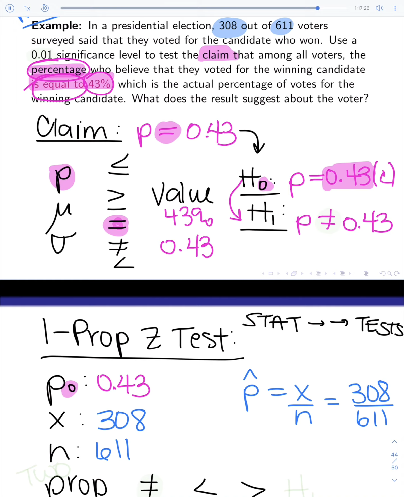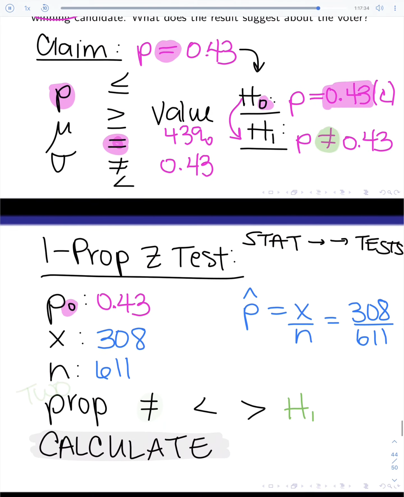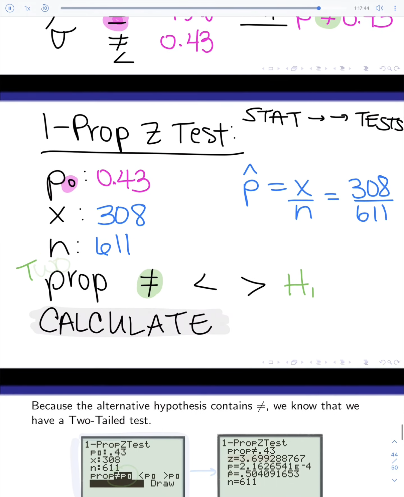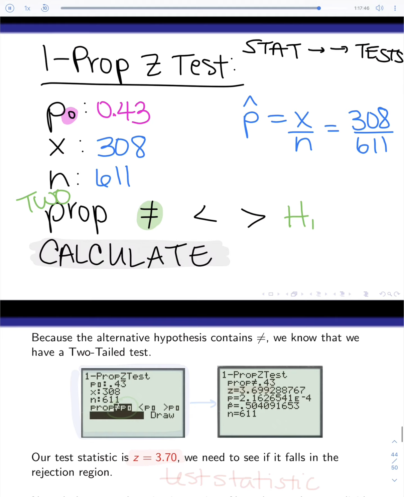And then remember, this last option comes from your H1, and what symbol is always in your H1? Well, in this H1, we have a not equal to symbol, so we're going to select the not equal to option, which means that it will automatically do something that is two-tailed. And then we'll go down to the bottom and press calculate in our calculator.